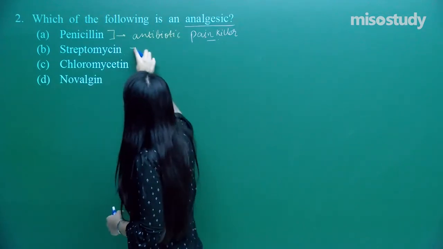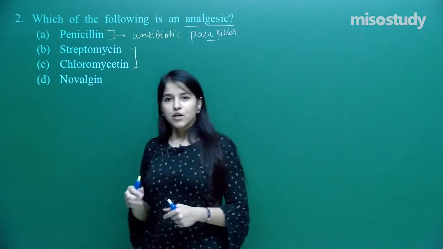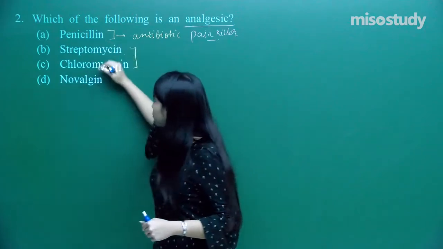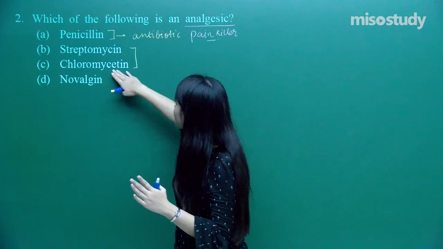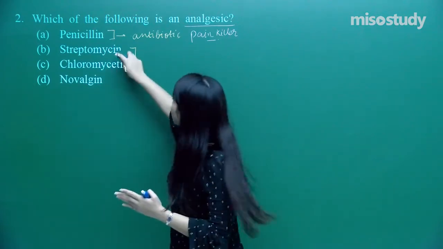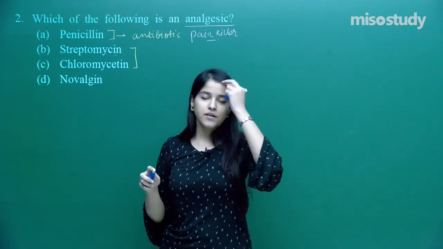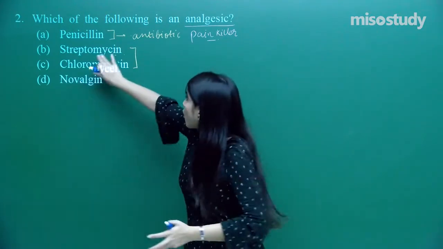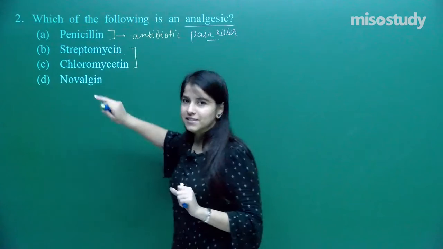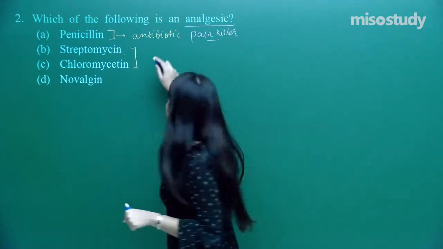Again, I've got streptomycin and chloromycetin. As the name suggests, these two may be lying in the same category. If you don't know what chloromycetin is, it is also from the family of streptomycin, or I can say from the actual lot of the types of antibiotics. Yes, these are also antibiotics.